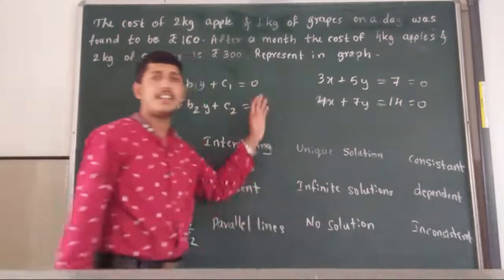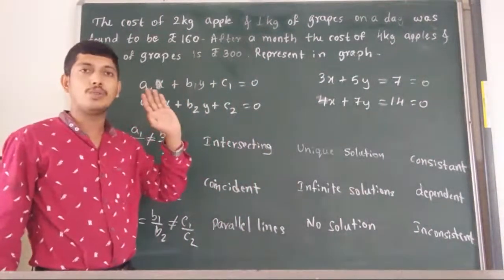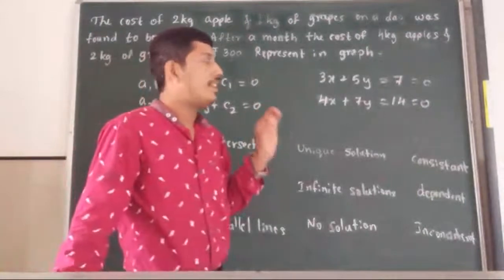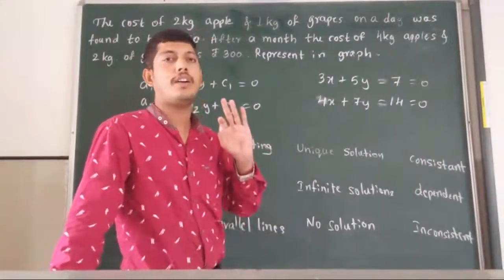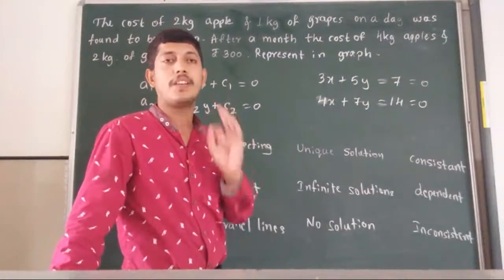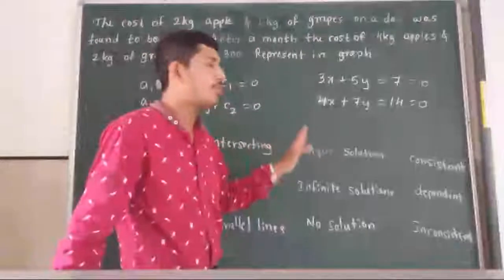So these are the two equations I considered, and now I have to tell whether this gives a single solution, or multiple solutions, or infinitely many solutions, or does not give a solution. So to do that, what do we have to do?